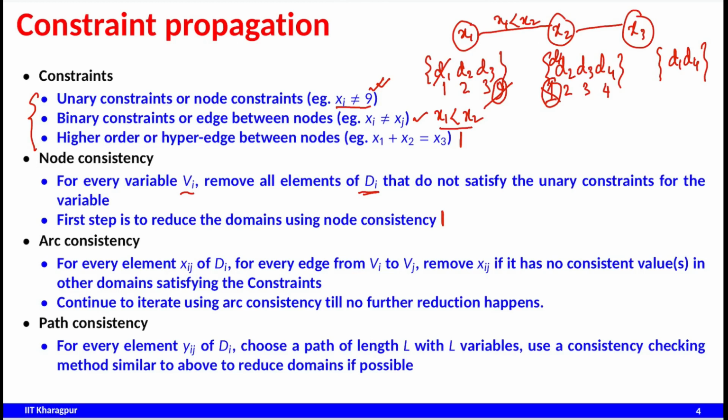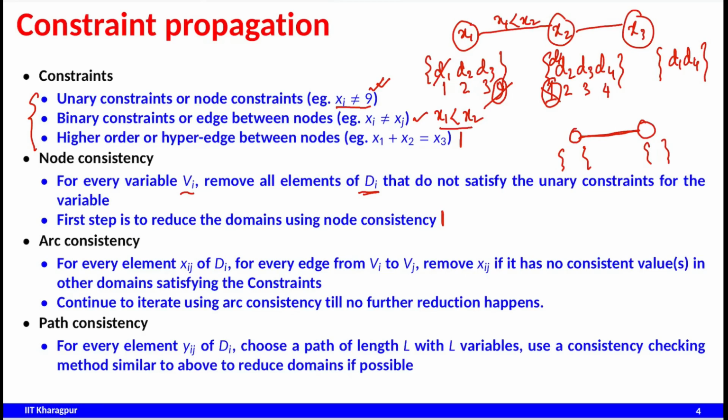Now from unary constraints we go to binary constraints. For binary constraints we will have an edge in the constraint graph. On this binary constraint we have some values for this node, and again some values for this node. Now we check whether this arc is consistent or not.